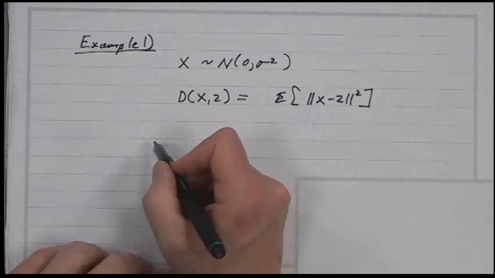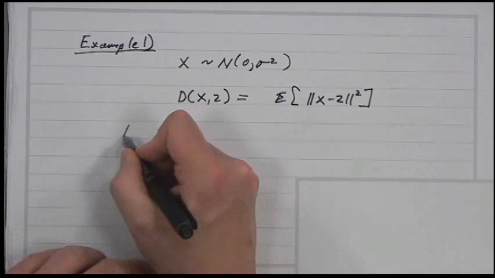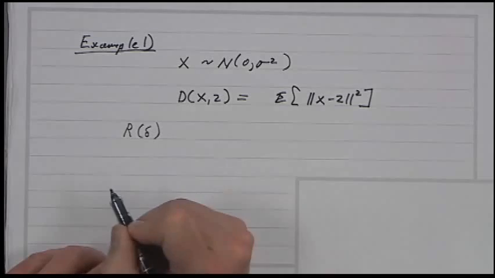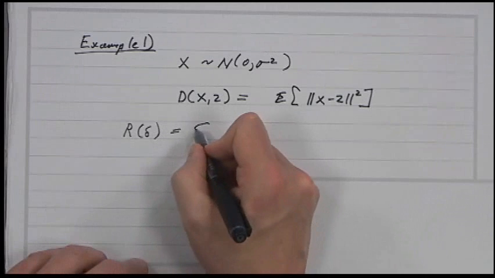And it turns out that for this case, it can be shown that the rate distortion curve has the following form.